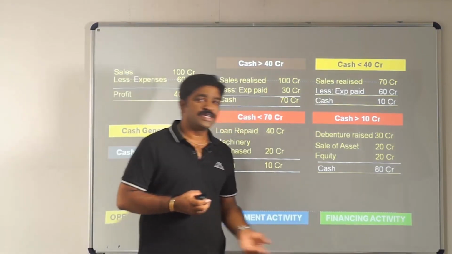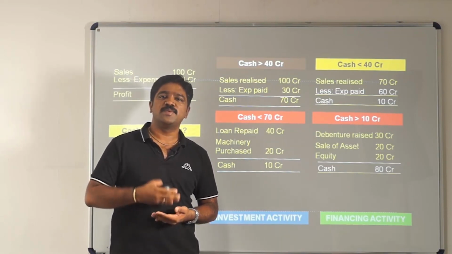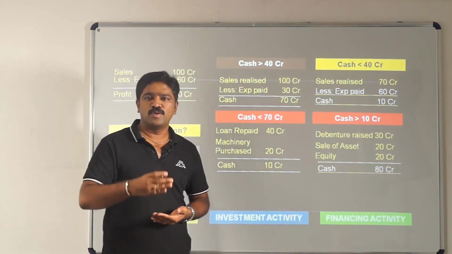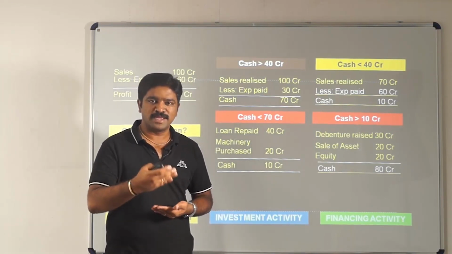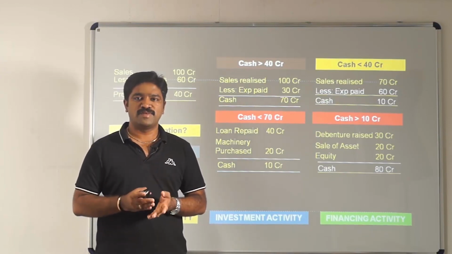Next, financing activity: anything concerned with raising finance for the business, maybe raising equity share capital, raising debentures, raising loans, or repaying loans, repaying debentures, or buying back equity, or paying interest, paying dividend, all will come under financing activity.